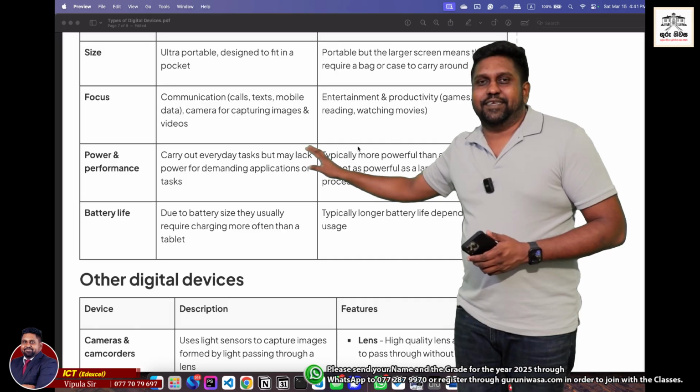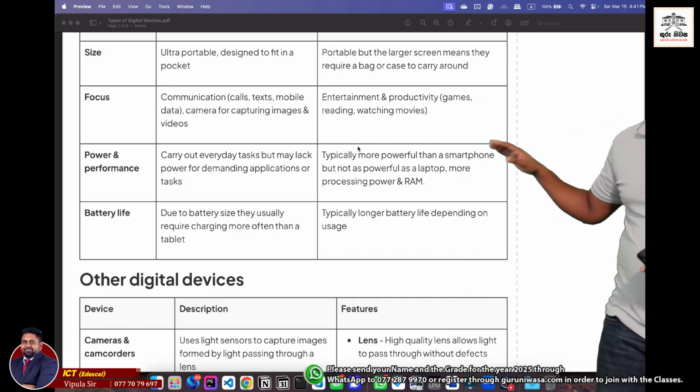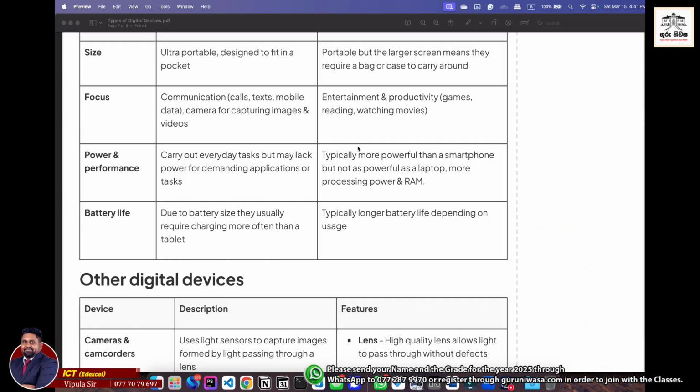But in this particular comparison, a tablet is anyway a bit more powerful than a smartphone, because they do have much more processing power, RAM, and a high-end CPU. If you take the latest versions of iPads, they do have the same CPU as you get on an Apple laptop.